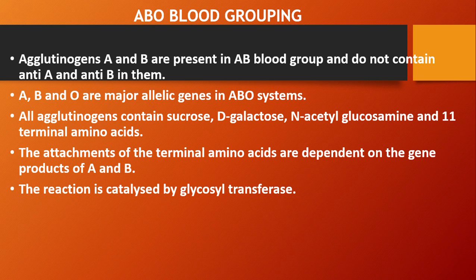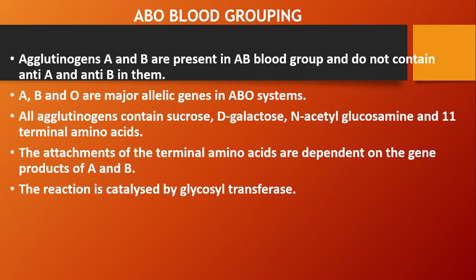All agglutinogens or all antigens contain sucrose, D-galactose, N-acetyl glucosamine and 11 terminal amino acids. The attachment of the terminal amino acids is dependent on the gene products of A and B. Actually, to produce an antigen A or B, it needs several reactions.